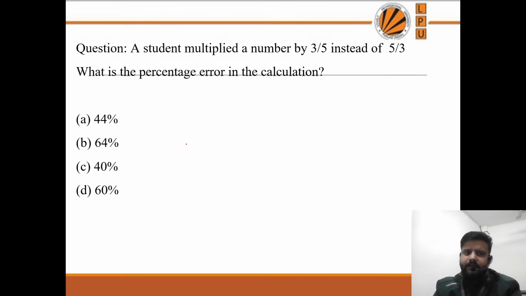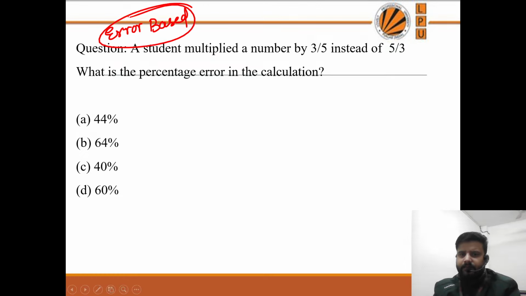Now do this question. This is an error based question. The question is asking for percentage error.